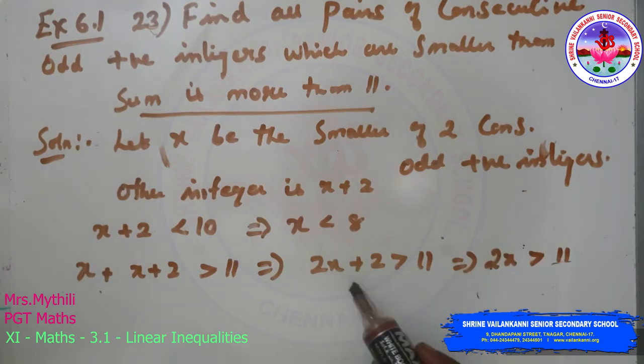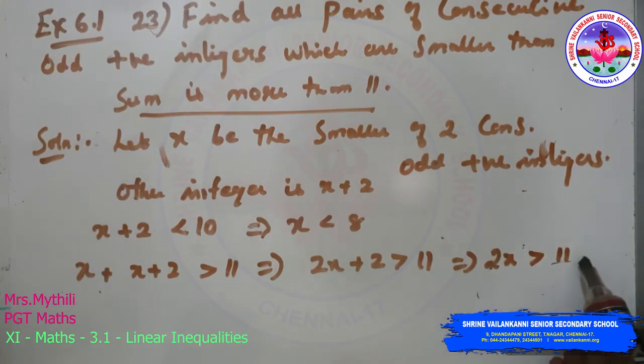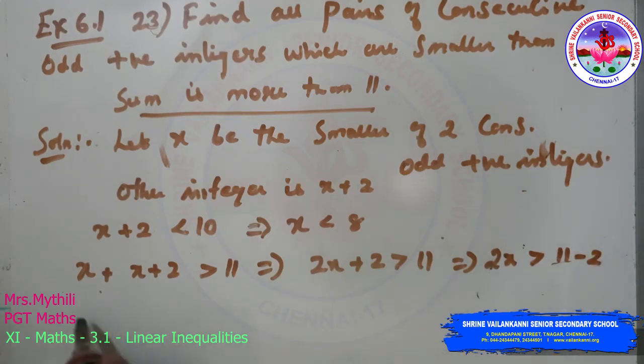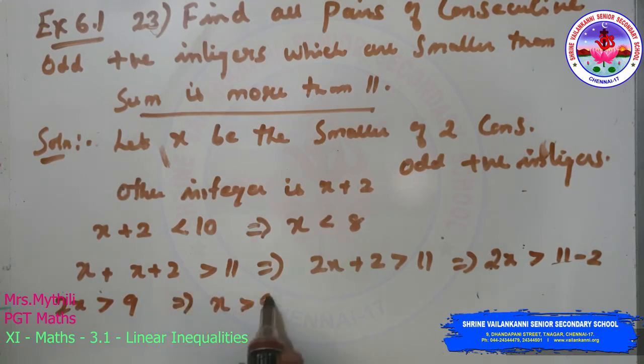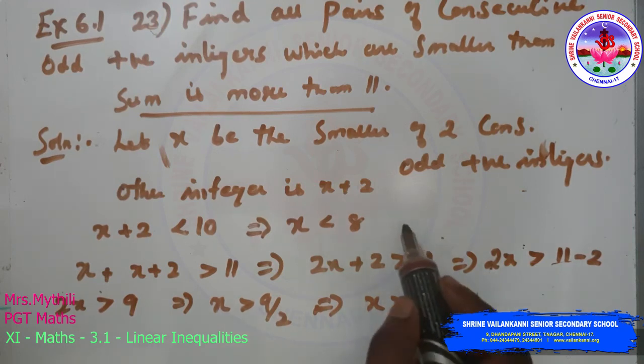Subtracting 2 on both the sides, we get 2x is greater than 11 minus 2. So 2x is greater than 9. So dividing both the sides by 2, we get x is greater than 9 by 2, that is x is greater than 4.5.